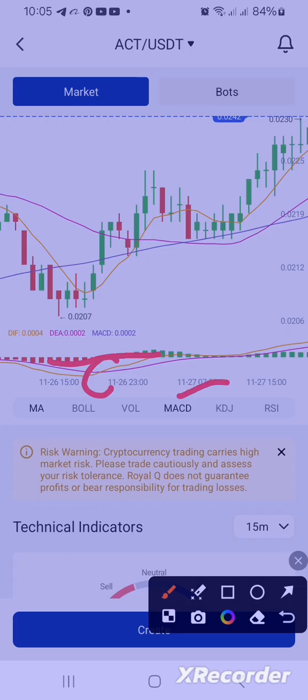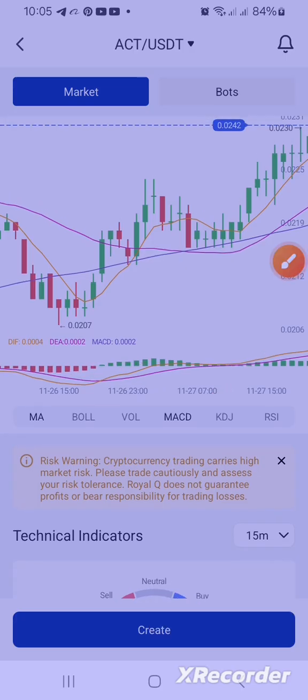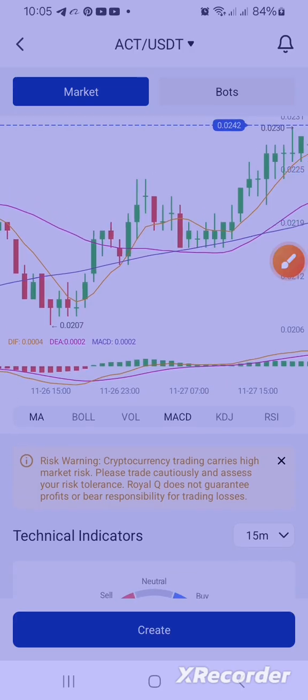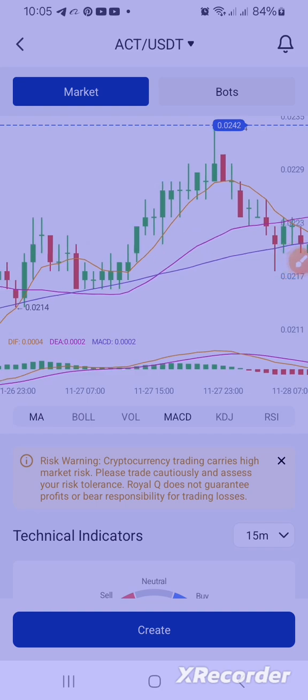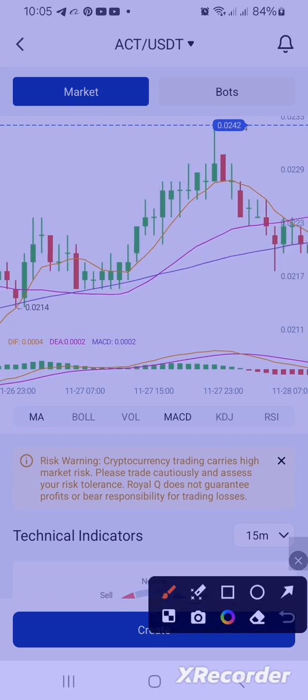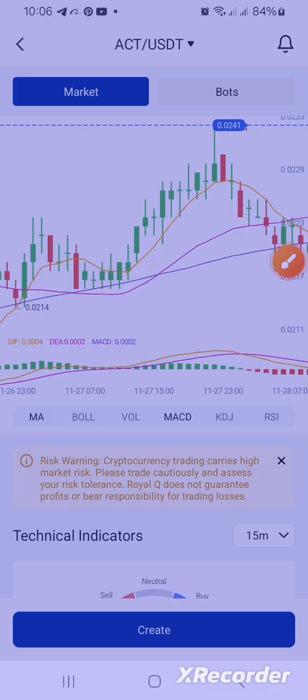And here, let us scroll here. If you can see here, it made a golden cross exactly on the zero line, and here it made a dead cross above the zero line. I guess now you get it.